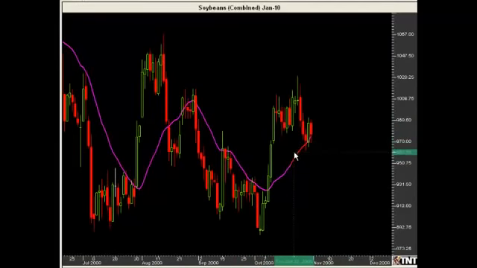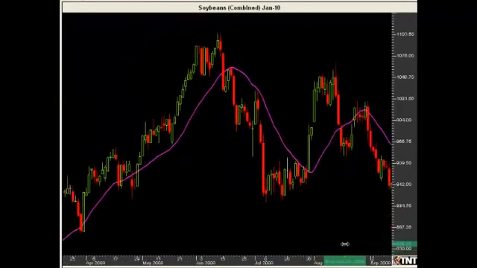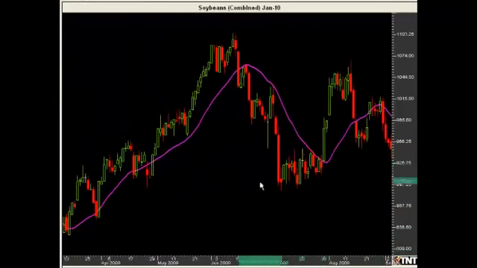The only danger with the moving average lines is you don't want to lose your perspective of what's happening to price. So try to remember that the moving average is just a tool, that it's not written in stone. For instance, back here, this consolidation period, you had to pay attention to the fact that the market was not putting in lower lows, and not just say, well, the market's below the 20, I'm going to sell.